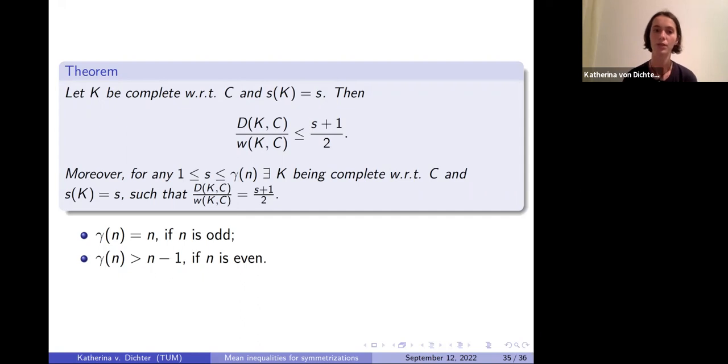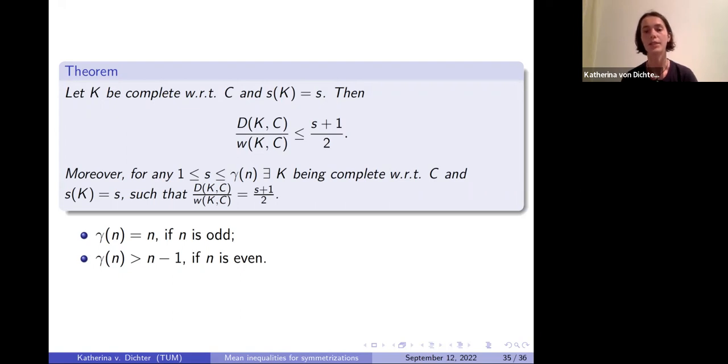First, we use the property of K being complete, and then we are able to show that the diameter is actually (s+1)/2, the half diameter, sorry.